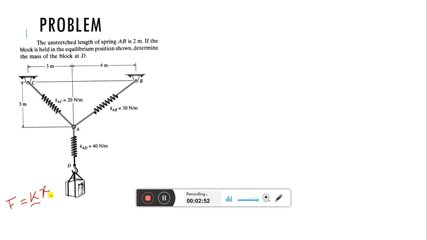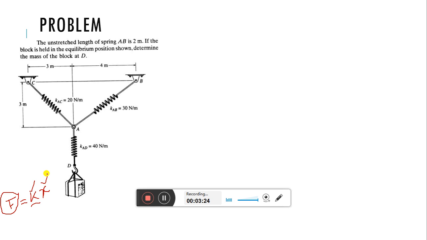Okay, so in the springs the tensile force is not given, but tensile force, this F, we can find out from the information. So first thing we need to know K, and next we need to know X, which is the extended length. Now K for individual springs are already given. How to find out this X?